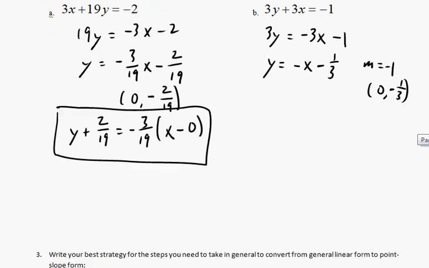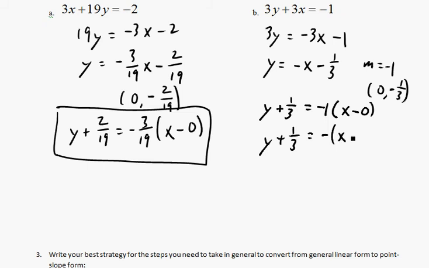So now, writing the equation in point-slope form, we'll say y minus the y-coordinate of the point, and subtracting the negative 1/3 makes this plus 1/3, equals the slope, which is negative 1, times x minus the x-coordinate of the point, or 0. And if you have negative 1 times something, that's equivalent to just making this the opposite of something. So this simplifies the equation ever so slightly.